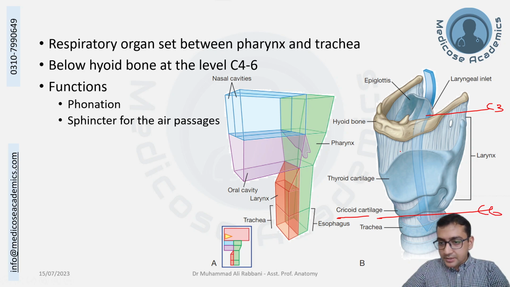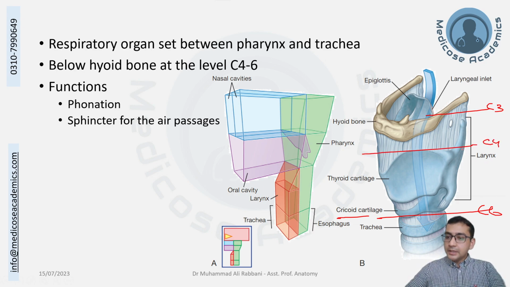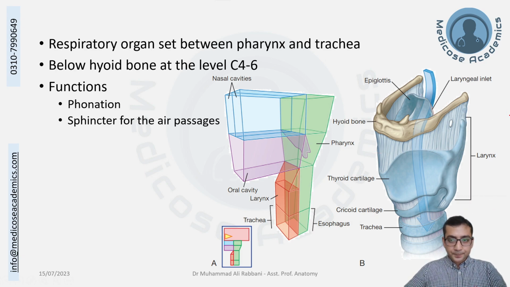The thyroid cartilage is at the level of C4. So usually we talk about the larynx as lying between C4 and C6, from the upper end of the thyroid cartilage to the lower end of the cricoid cartilage, and if we include the upper end of the epiglottis, we go up to C3.